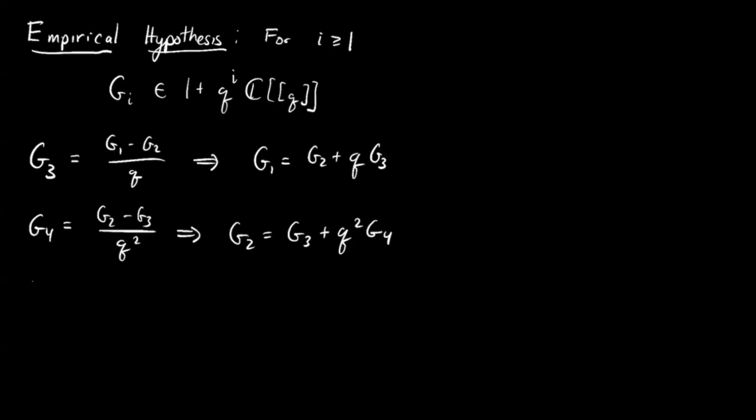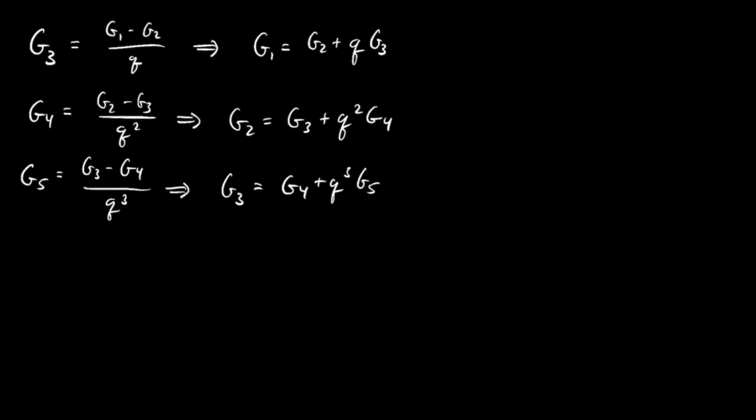And we'll do the same thing for G5. We'll have that G5 is equal to G3 minus G4 over q cubed. So this will imply that G3 can be rewritten as G4 plus q cubed times G5. Okay, so what are we going to do with this expression? Well, we'll start with G1. I know that G1 can be written as G2 plus qG3.